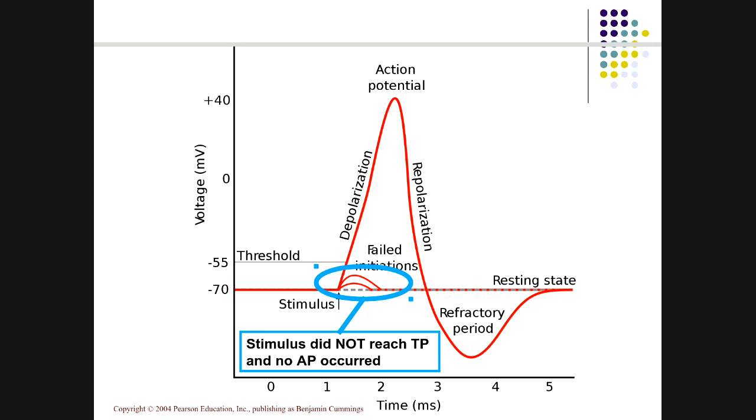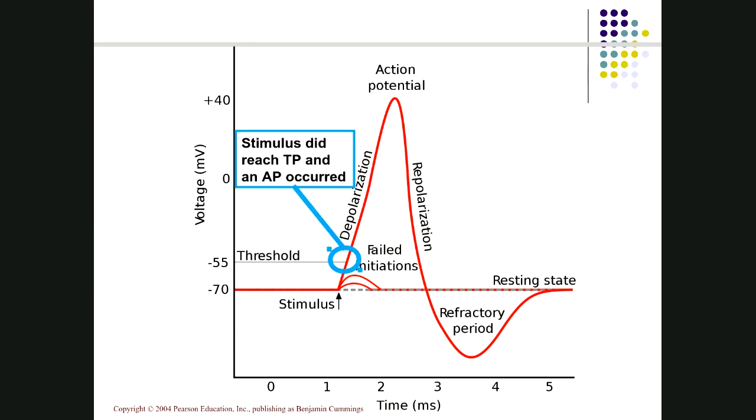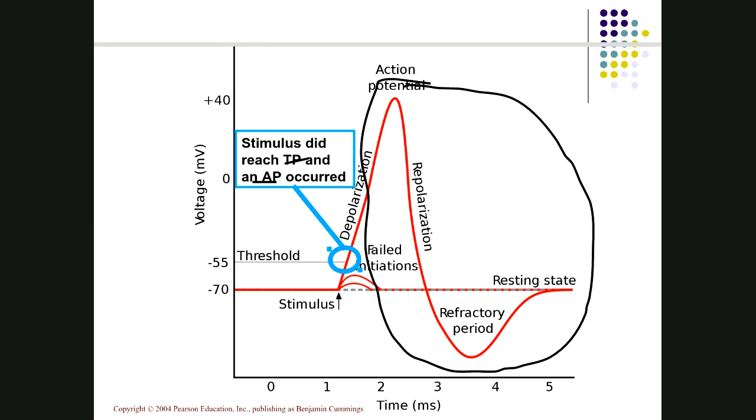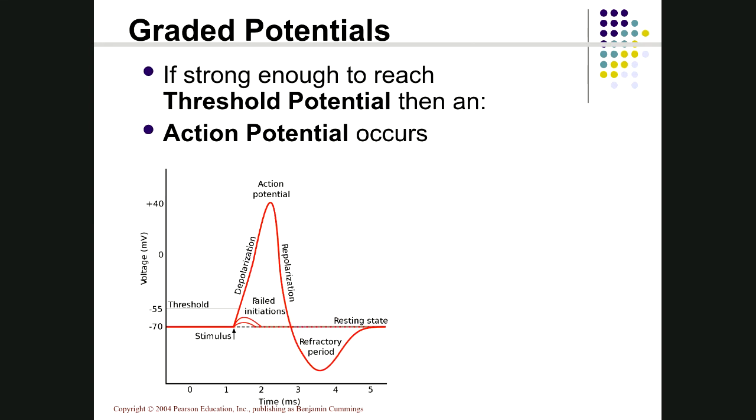These did not reach threshold. And so no action potential is going to happen. They're just going to come back down to resting potential. But if you do reach threshold, you get an action potential. And here's an action potential. Any questions about it?